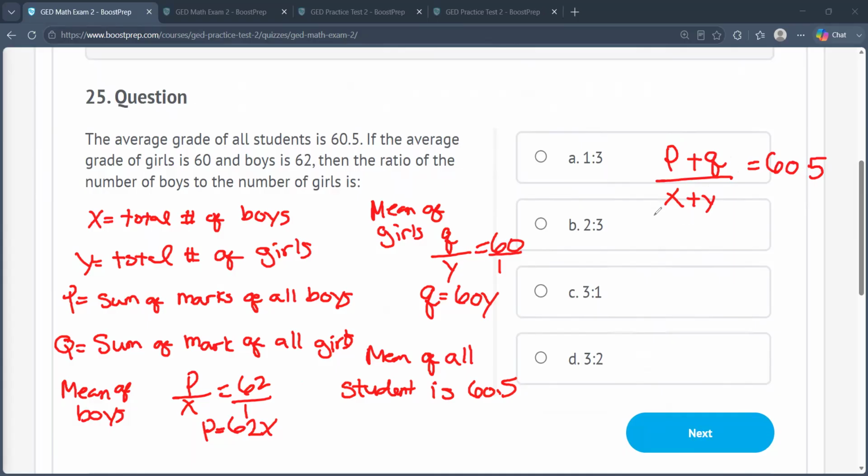And then we said that P from this part here, P is 62X. And then Q was 60Y, right? From here, Q is 60Y, so 62X plus 60Y over X plus Y equals 60.5.